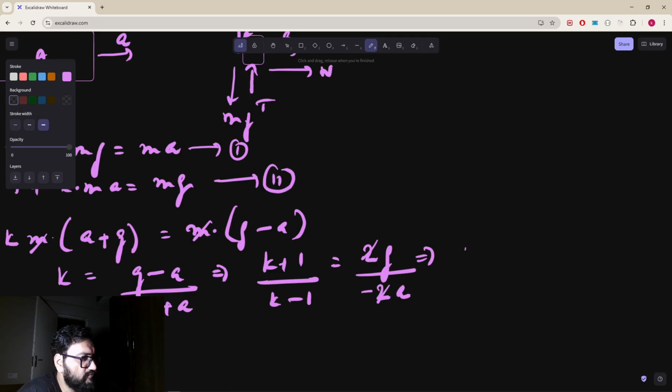This gives me the value of a as g times (1 minus k) divided by (1 plus k).